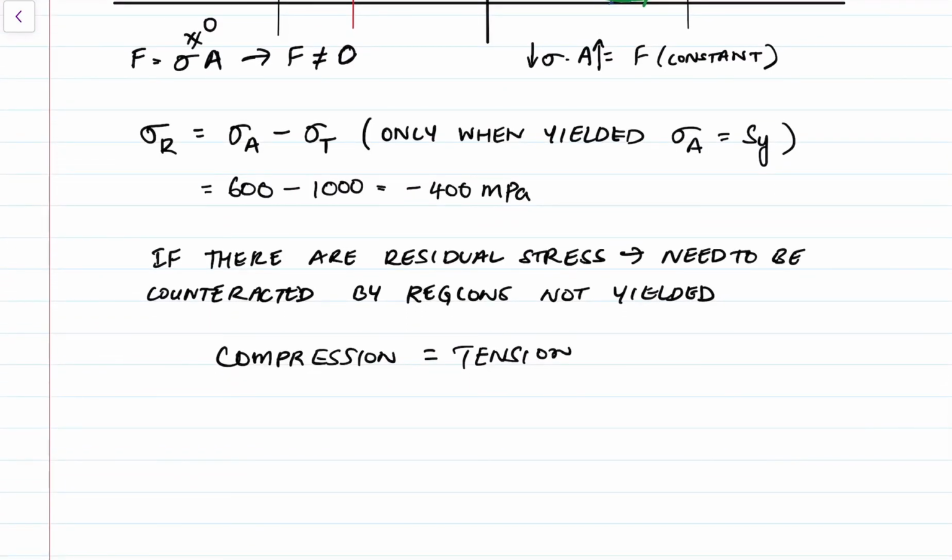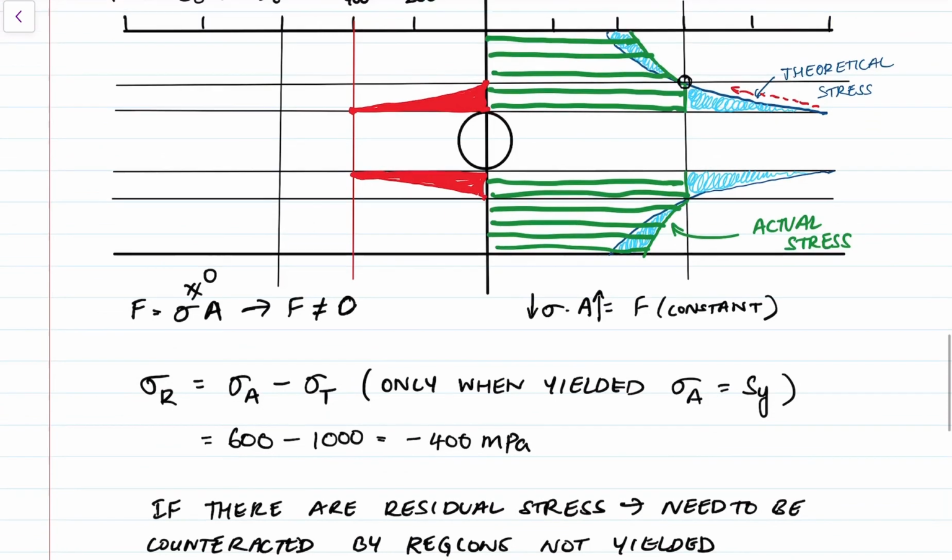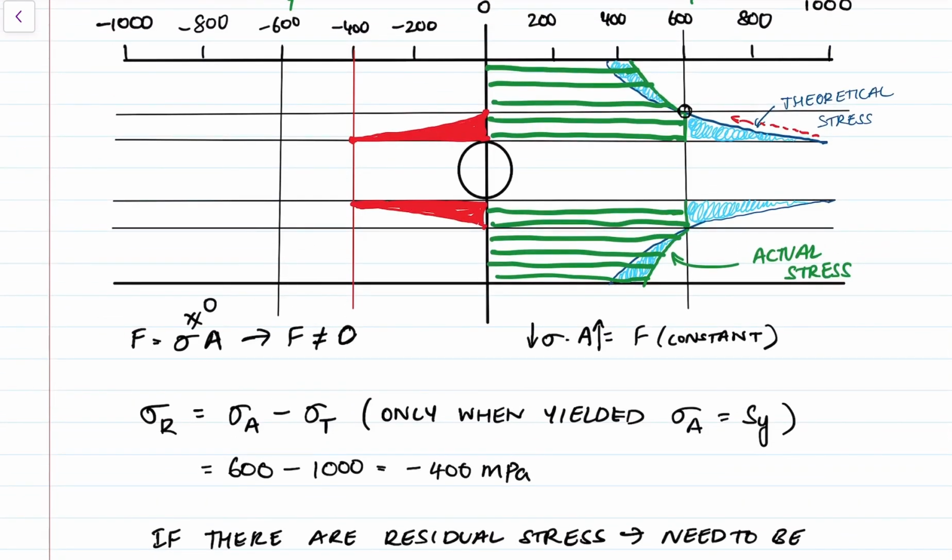Because we want F to be equal to 0, and that only happens if the compressive stresses multiplied by the area is equal to the tensile stresses multiplied by some area, let's say A1 and A2. So we need to create some tensile stresses as well, that need to account for it. And it's going to increase to a peak and then reduce because this value here is higher than this value here.